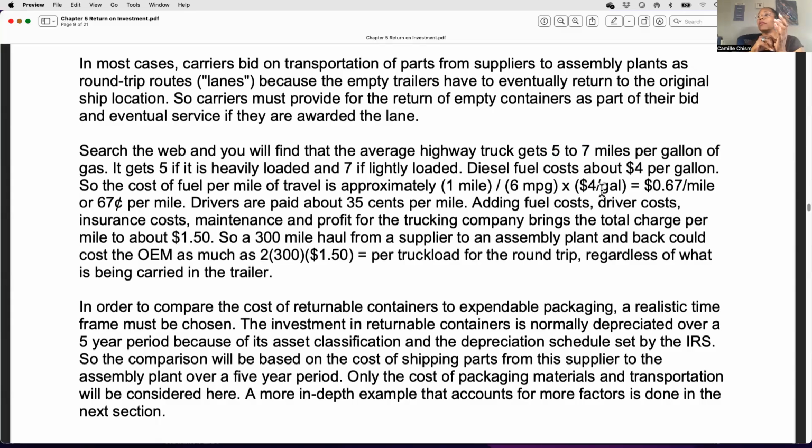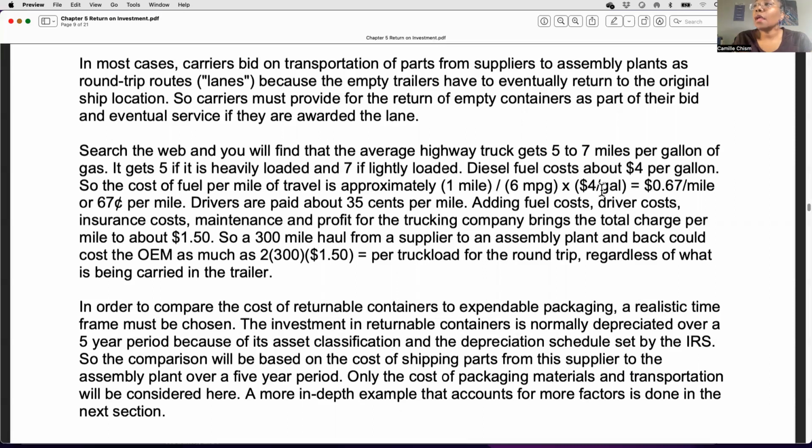When you do that, you cancel out the miles, and you get 1 divided by 6 gallons, multiplied by $4 per gallon. So you're going to get 0.67, or 67 cents per mile, is what this comes out to.